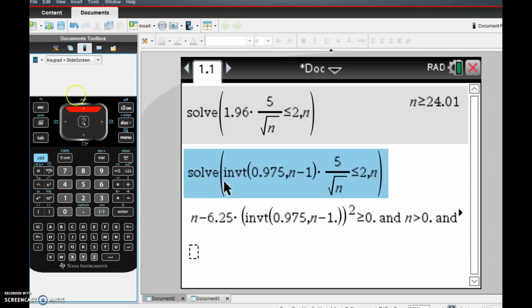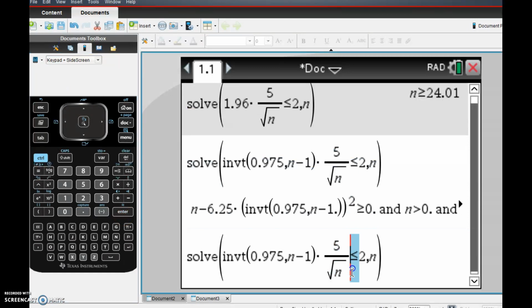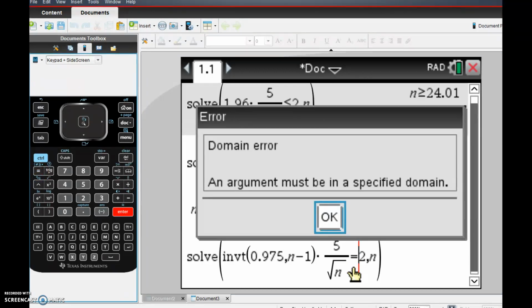I don't know what that is. It just has problems because it's an inequality. Gives us a domain error. When it tries to solve something numerically, maybe it starts at 0 or negatives. Well, you can't use the inverse t function with negative or 0 degrees of freedom.